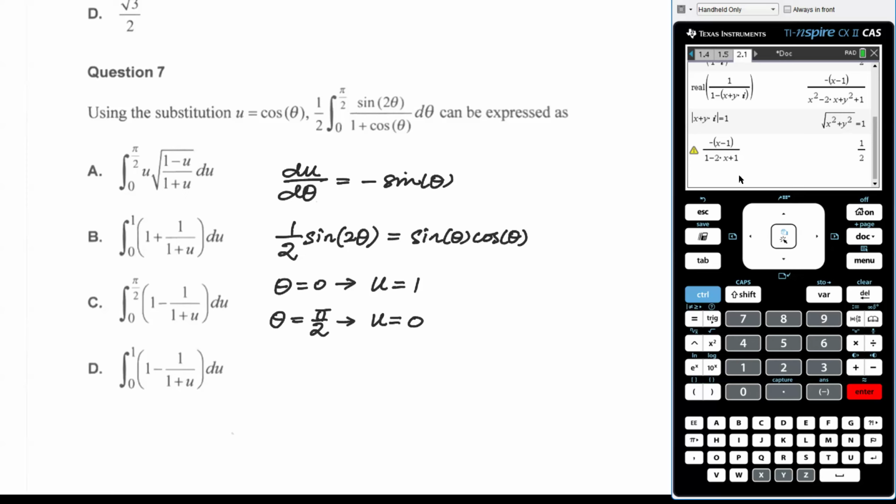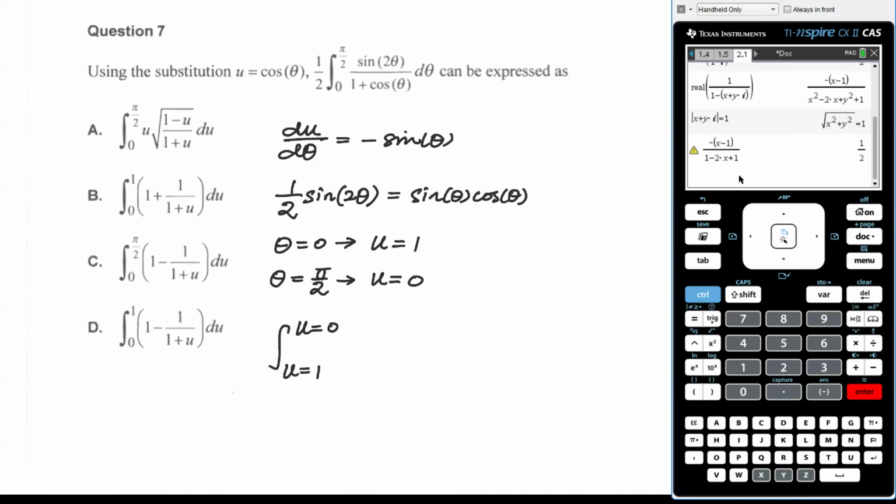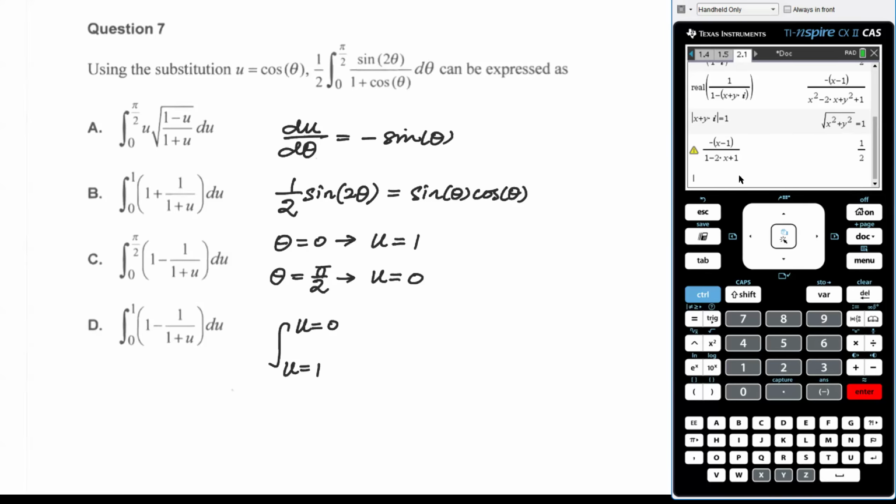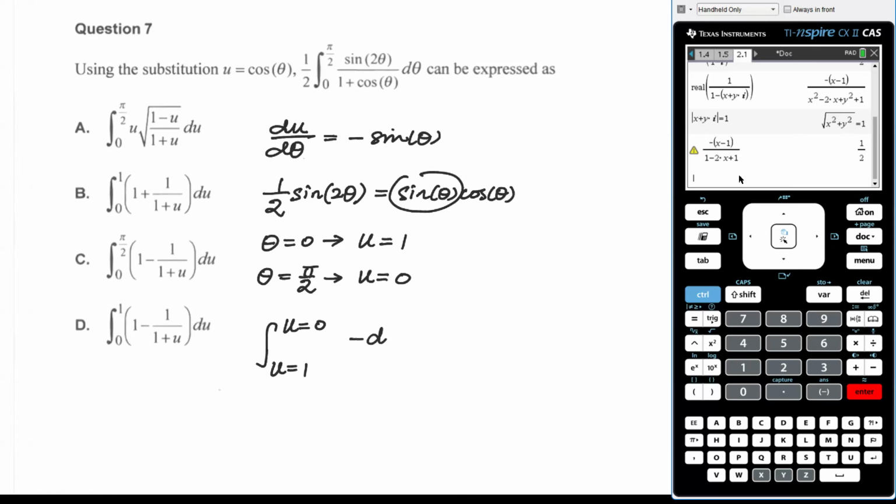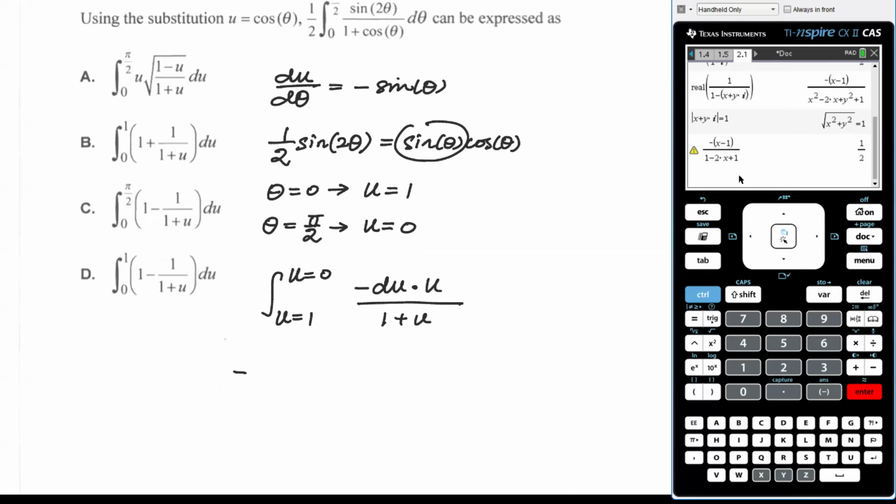So the whole integral becomes u equals 1 to u equals 0. And this bit is actually negative du, so we have a negative du multiplied by u divided by 1 plus u. Then with the negative, I can flip the limits.